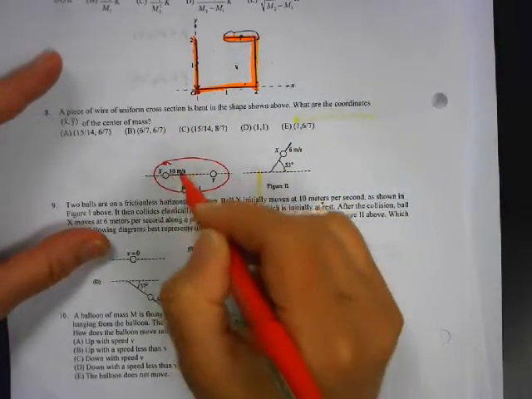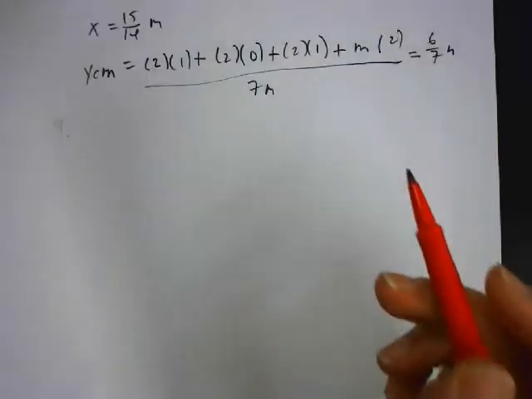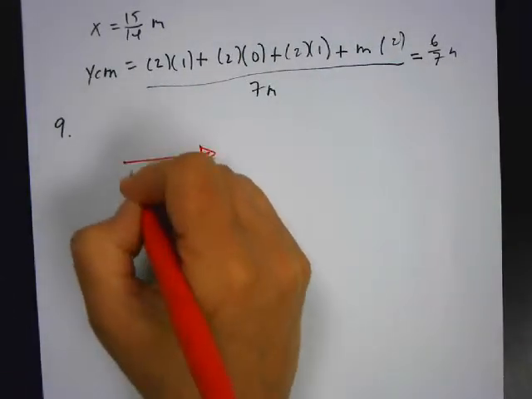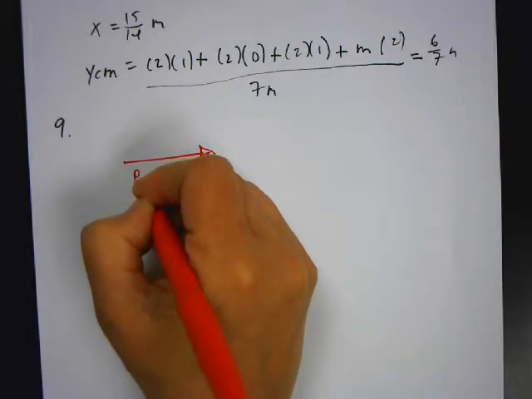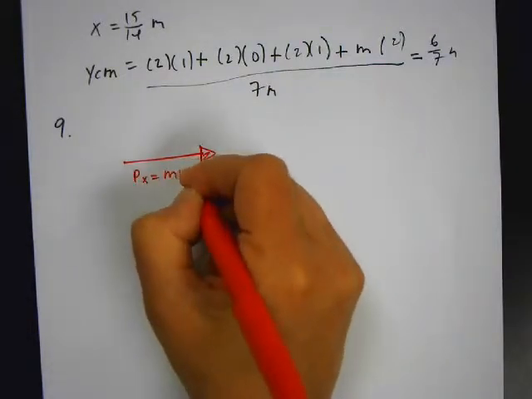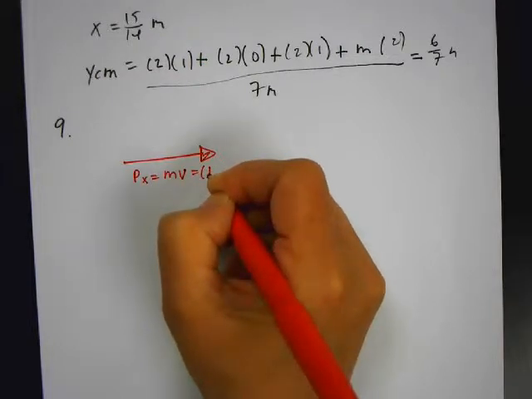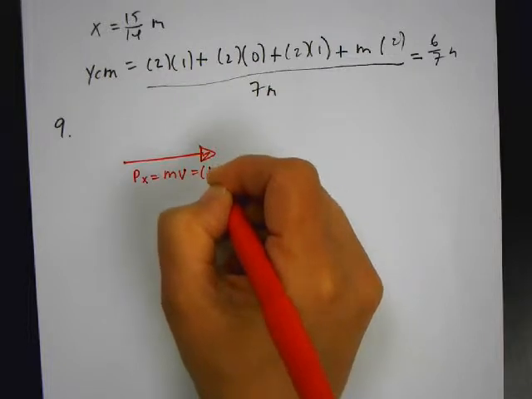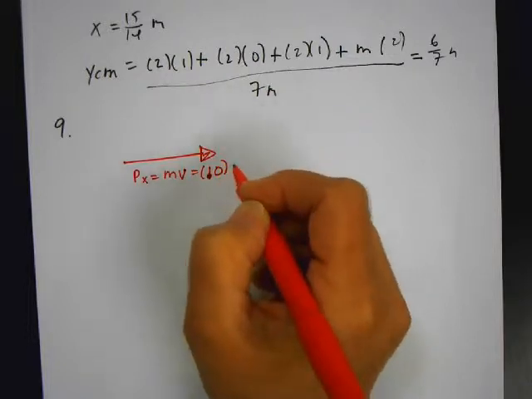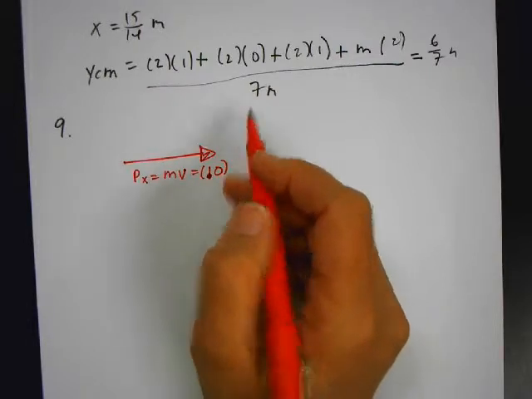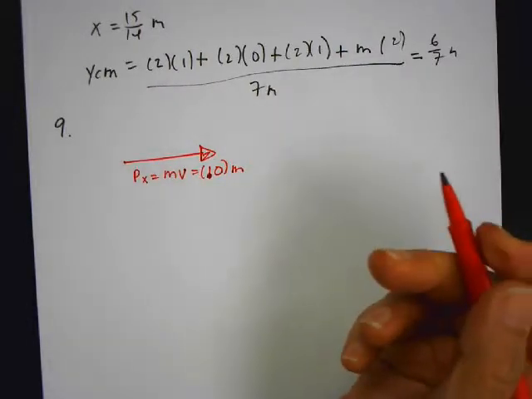So the total momentum before is just going to be the momentum of ball X. If I drew that, here's the total momentum before. This is px, and it's going to be mv, whatever the mass is. They don't tell us the mass, do they? No, they're identical, times 10. So this one's going to be 10 times whatever the mass is.